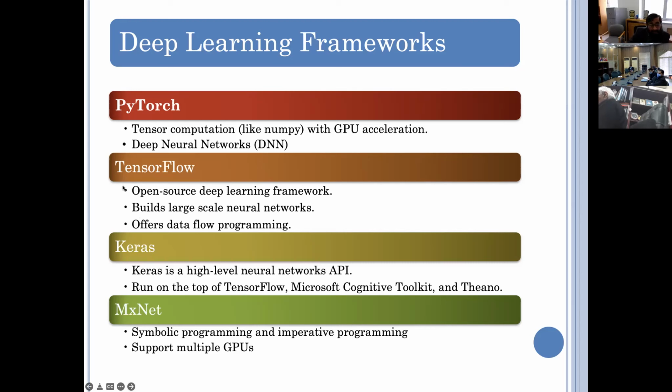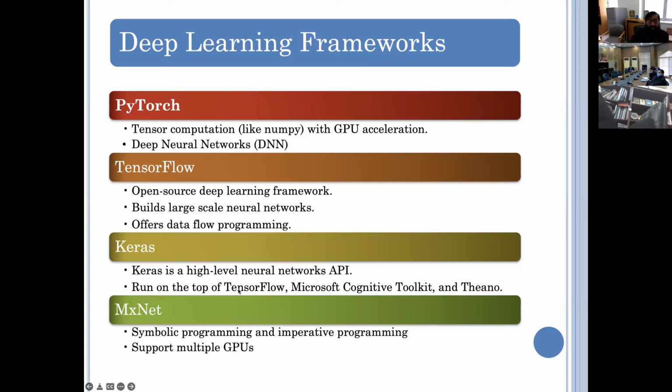If you would like to improve the performance, then you should use TensorFlow. If you are a normal scientist, say a biomedical researcher, and you just need an easy implementation, you can just use Keras. Underneath Keras, you can change the lower layer.